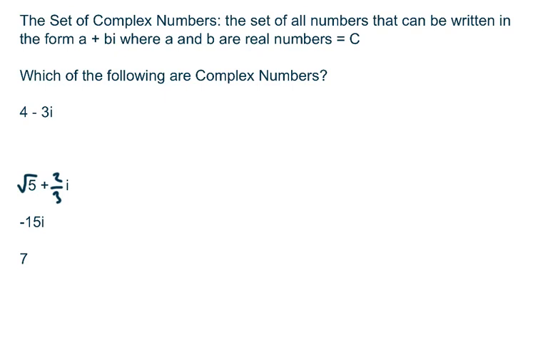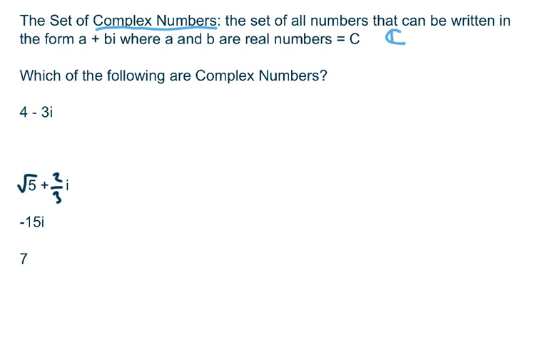Now, let's go even farther. We also talk about the set of complex numbers. The set of complex numbers is the set of all numbers that can be written in the form a plus bi, where a and b are real numbers, and the complex numbers are represented by a C. That makes sense?